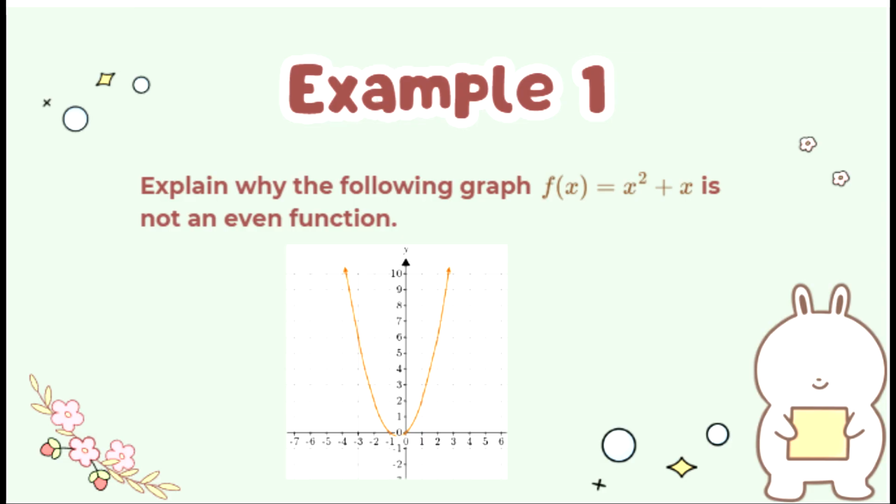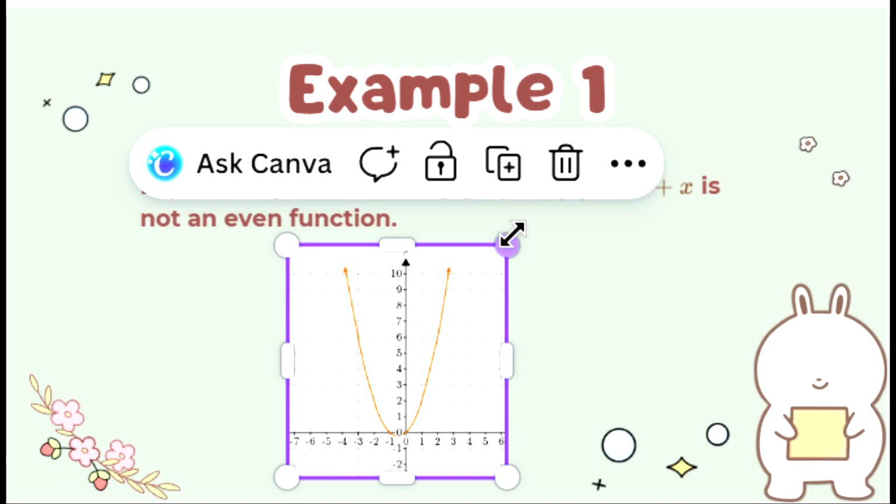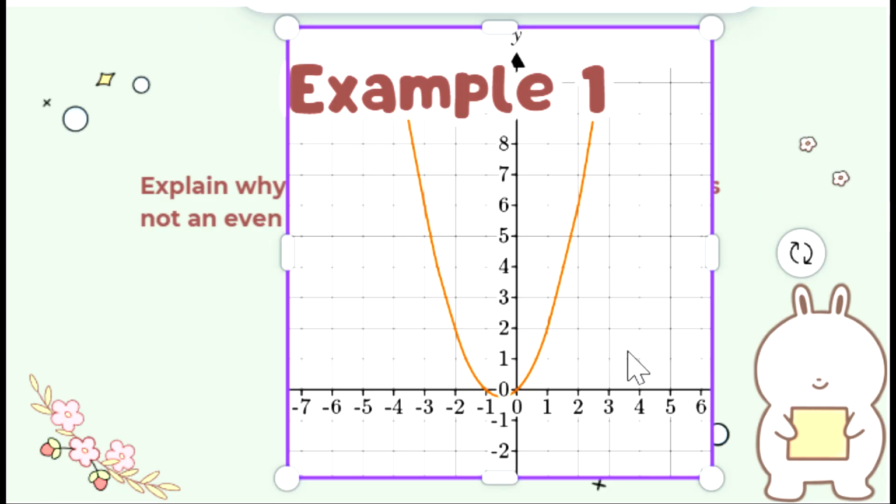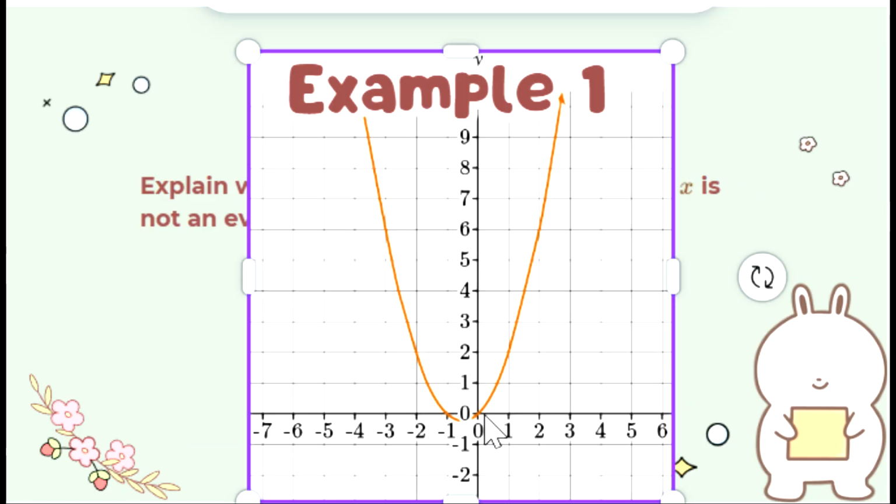Here's example 1. Explain why the following graph, f of x is equal to x squared plus x, is not an even function. Now I'm going to blow this up so that you can see this a little bit more clearly. The reason this one is not an even function is because of where this vertex is, this low point or high point, the point where you would fold.